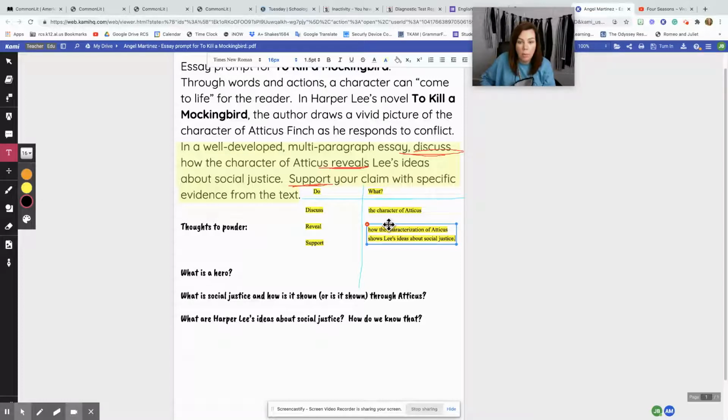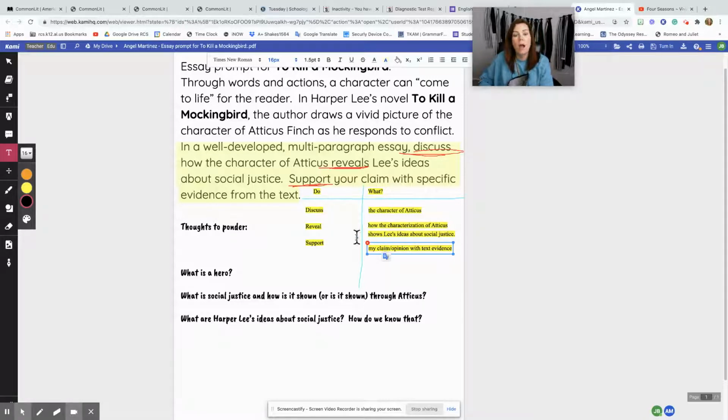And then I'm going to make that up a little bit so you don't get confused. And then support. What are we supporting? Our claim with text evidence. By claim, I mean opinion. Okay, so my opinion, I'll put that there too.